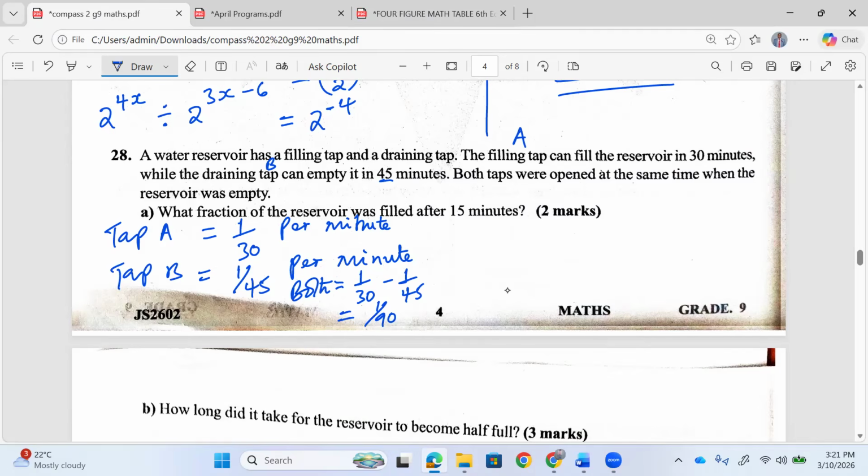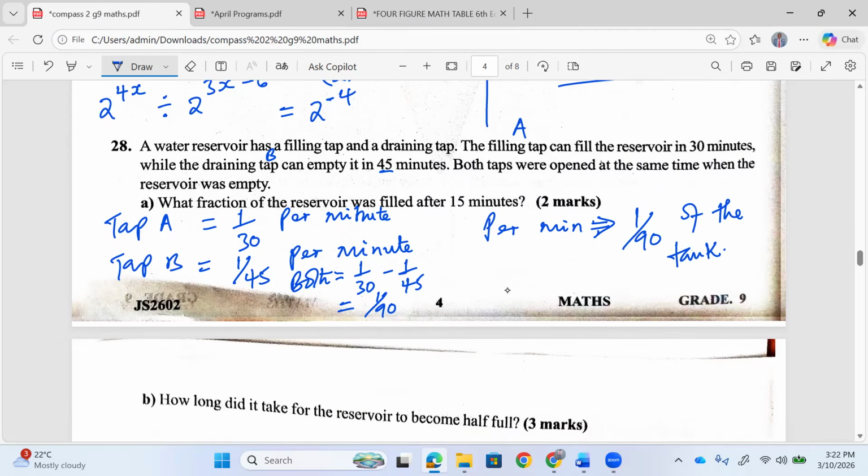1 over 90. So in 1 minute, both of them are filling 1 over 90 of the tank.